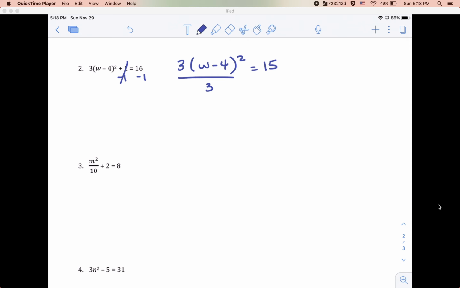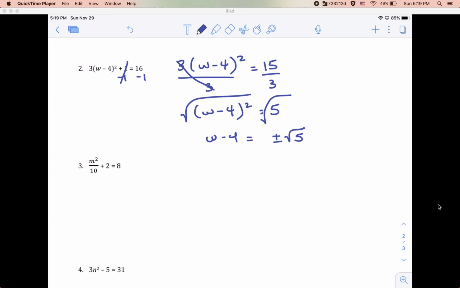We're going to divide by 3. (w minus 4) squared equals 5. We're going to force the square root. w minus 4 equals plus or minus the square root of 5. And then to get w by itself, we're going to add 4. So we're going to put a positive 4 in front of the plus or minus. Final answer, w equals 4 plus or minus the square root of 5.